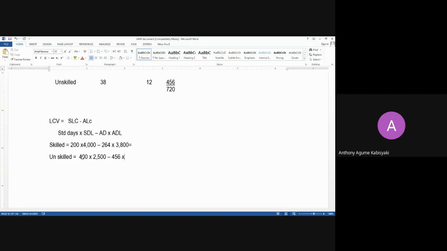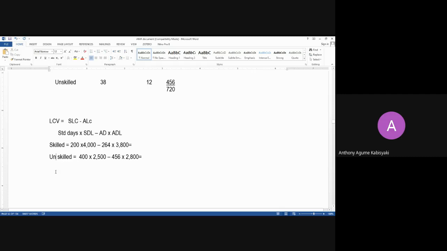What is the amount? 2,800. So you get the variance. And if you find that the actual labor cost is greater than the standard, then the variance would be unfavorable.